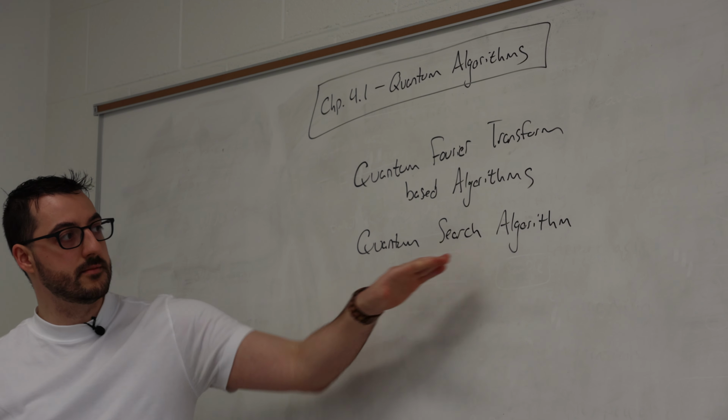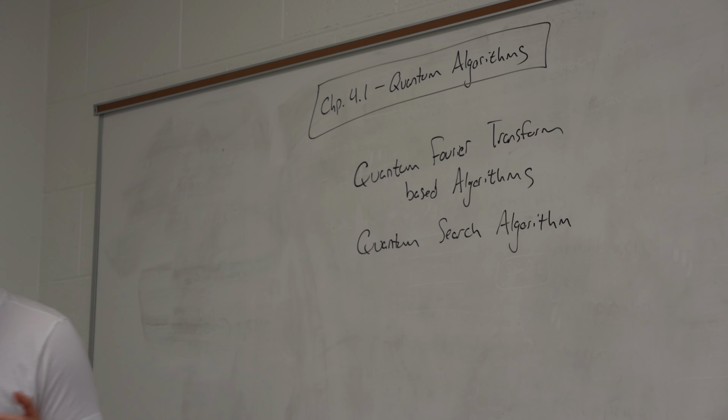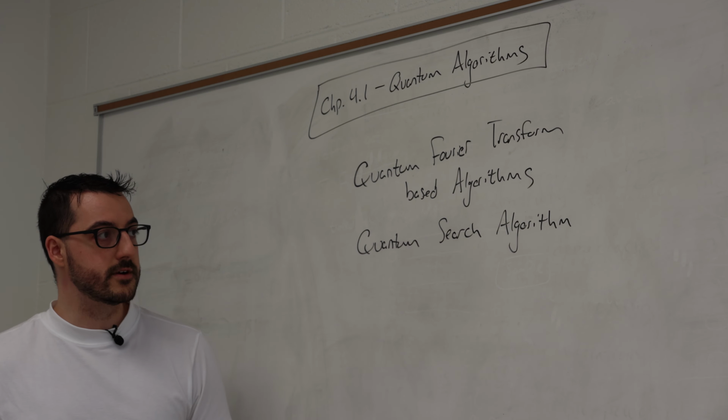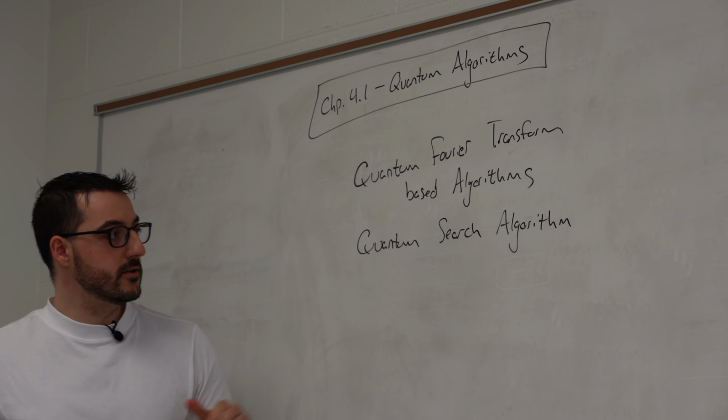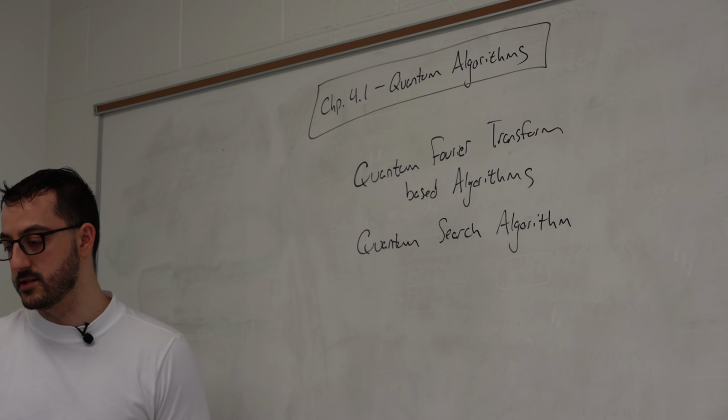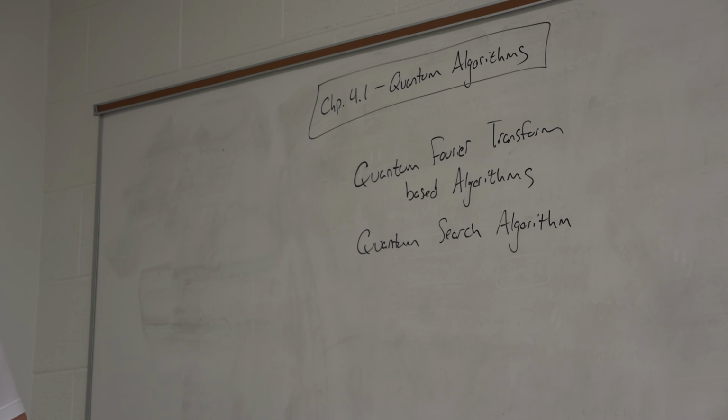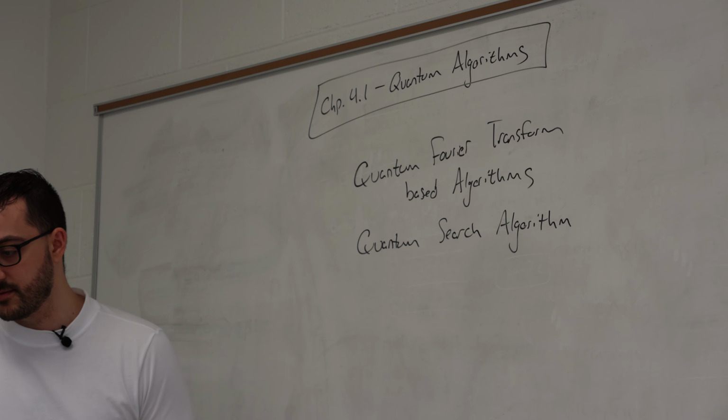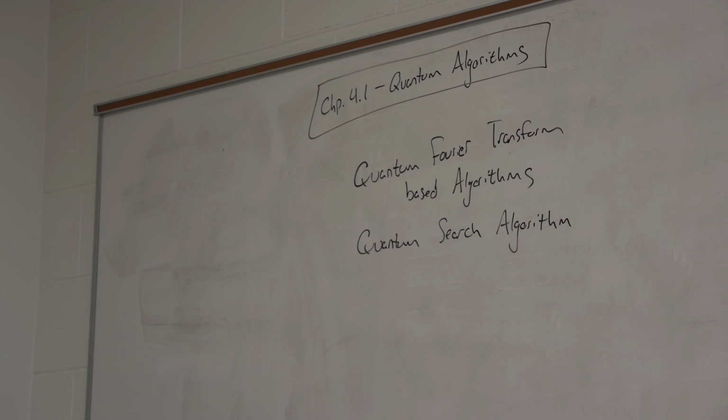The search algorithm is by another quantum computer scientist by the name of Lov Grover, and so this also goes by Grover's algorithm. And it can be used for searching, and it has other applications as well. For example, quantum counting, searching for keys in cryptography, as well as speeding up the solutions for some NP problems.